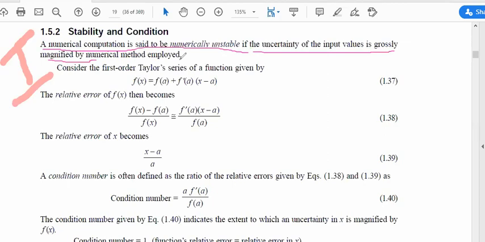If you give some value to the variable, that is the input in computation. For a given value of x, when we compute the value of y or the value of the function, that given value is the input value.